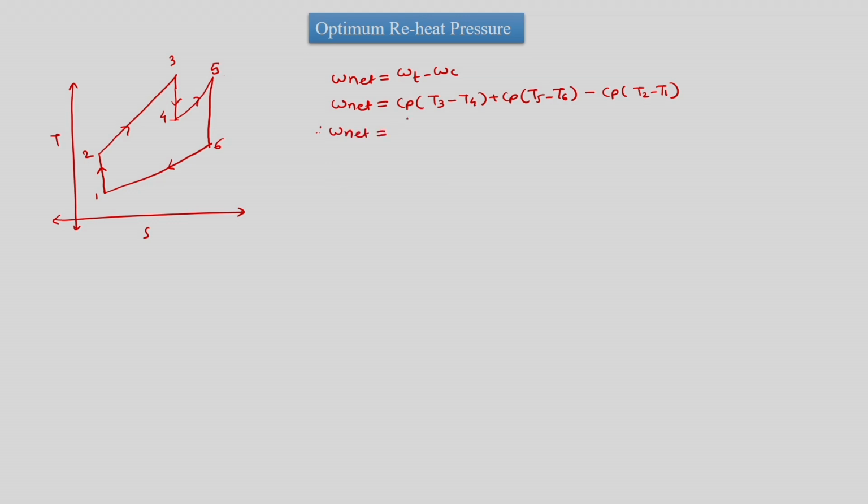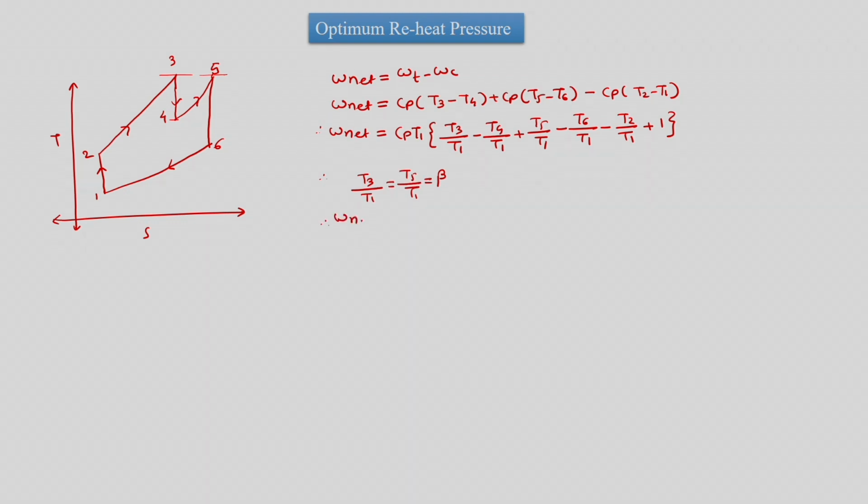So W net is equal to, we will take Cp T1 common, and then we will have T3 by T1 minus T4 by T1 plus T5 by T1 minus T6 by T1 minus T2 by T1 plus 1. Now we know that T3 is equal to T5, and we will say that T3 upon T1 is equal to T5 upon T1 is equal to beta.